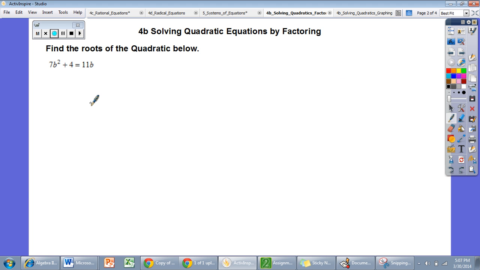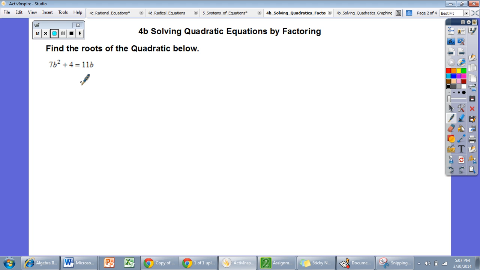The first here says find the roots of the quadratic below. And again, we know that it's asking us to find the solutions. And what's important to know here is that both with solving by factoring and the quadratic formula, our equation must equal 0. Which means we must get everything over to one side.